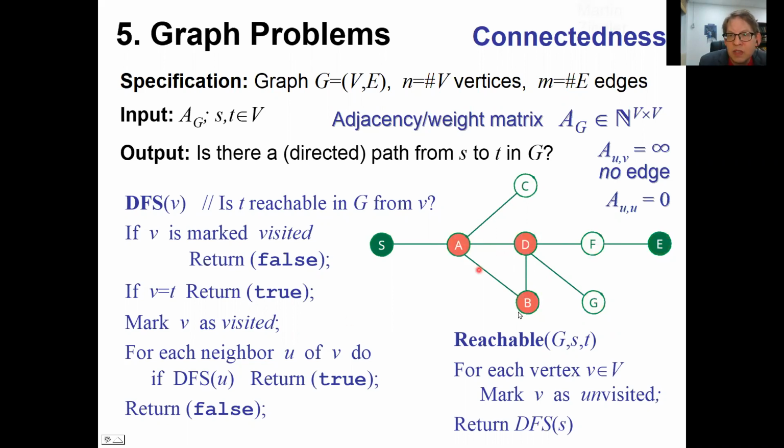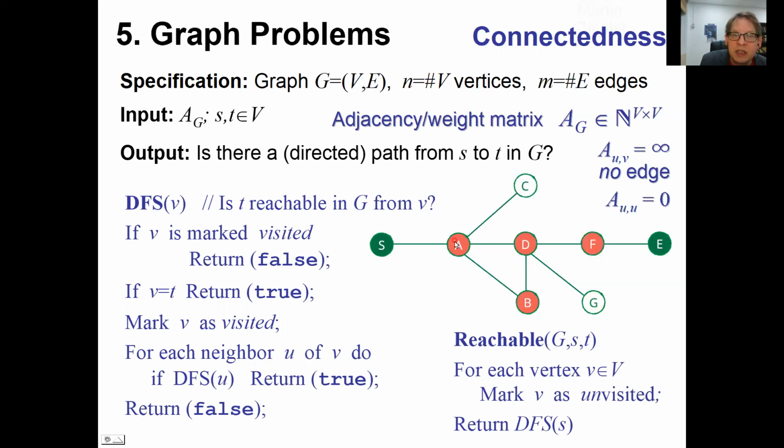The first neighbor of S, there's only one neighbor of S, which is A. And then in this loop, it's important that the order in which the neighbors are considered does affect the further progress of the algorithm, but of course not the total overall outcome, whether it is reachable.